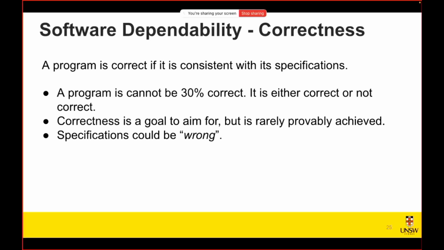There are many reasons behind this, because normally the specifications are very high level function descriptions. We can hardly have very low level detailed specifications. For example, if you write a formal specification, you may write that this loop will definitely terminate within like 10 iterations.